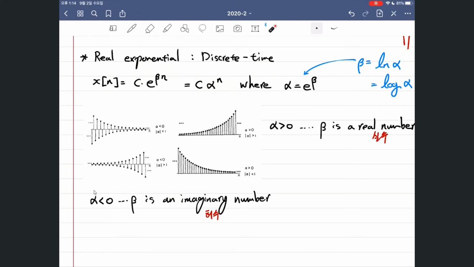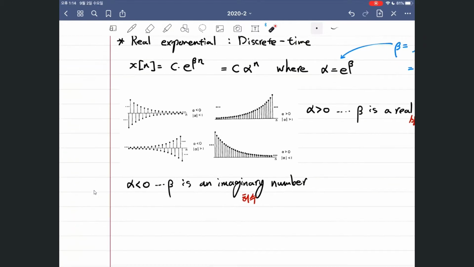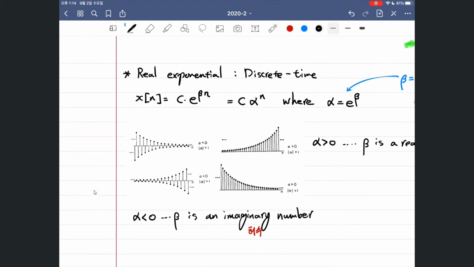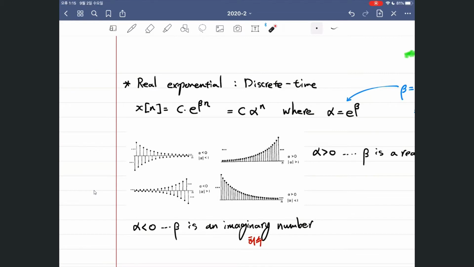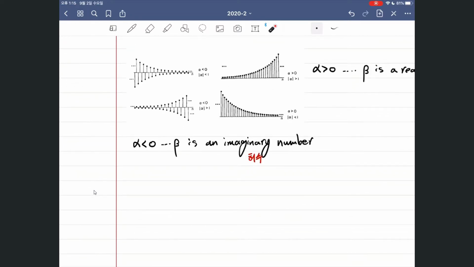I think you should memorize that. And if you combine the real part and the imaginary part, then you become a complex exponential function.